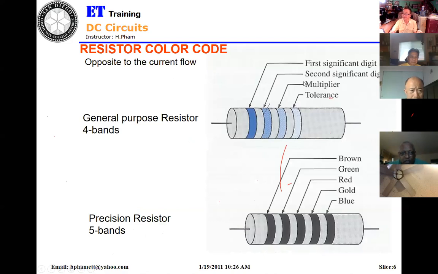And now, for resistors, you get two different types. One they call general purpose. They have 4 bands. Okay, 1, 2, 3, 4. And the precision ones have 5. Okay, that means 1, 2, 3, 4, 5. So when you're looking at the resistor, you're able to recognize whether it is general purpose or precision.